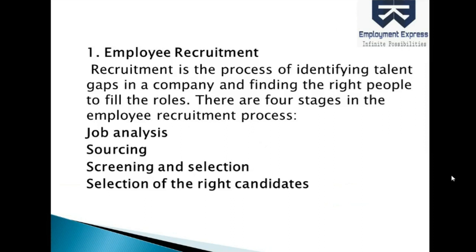After that we start the interview process. We take a personal interview and check whether they are good for the company or not. After that we select the right candidates. If the person is able to do the work, we select them, offer them the salary, and start the onboarding process.